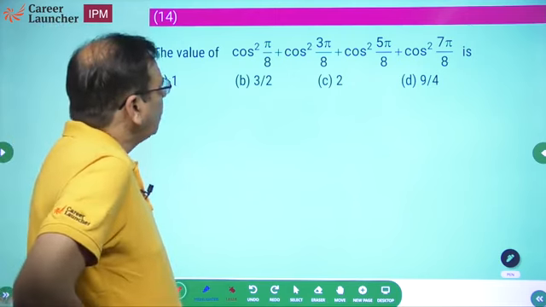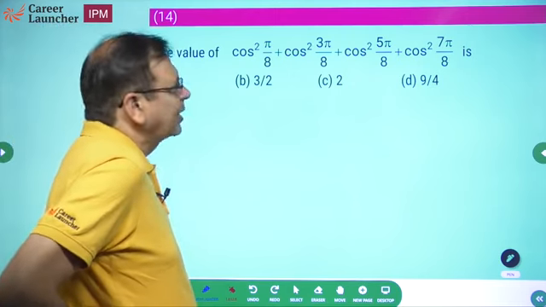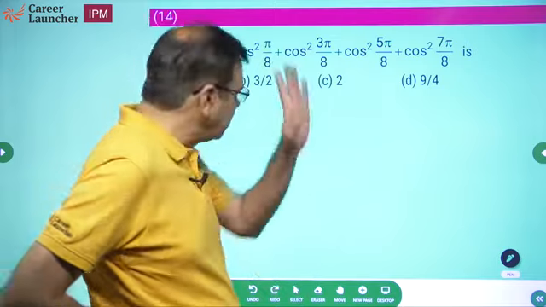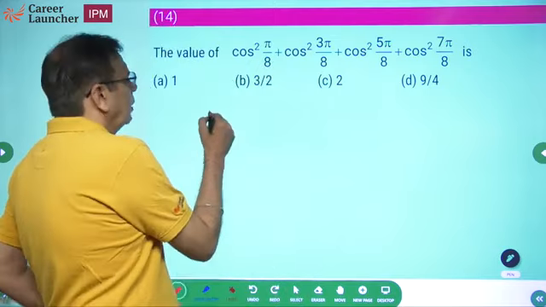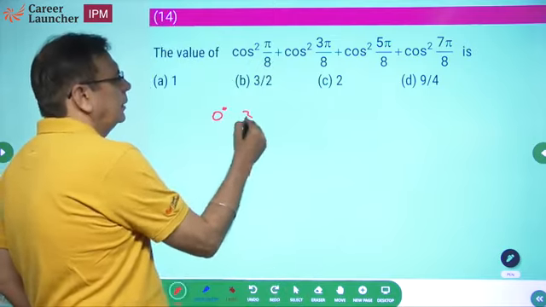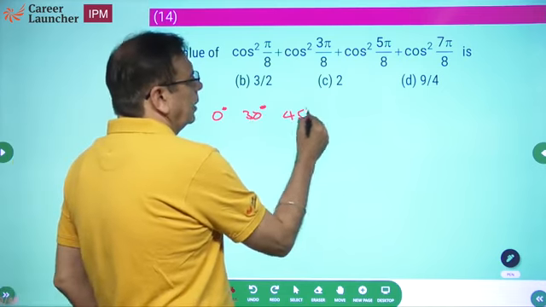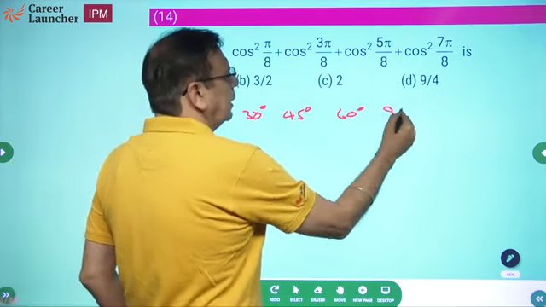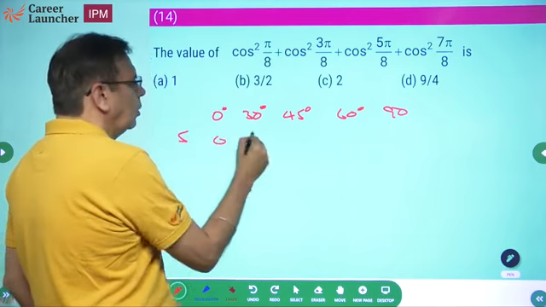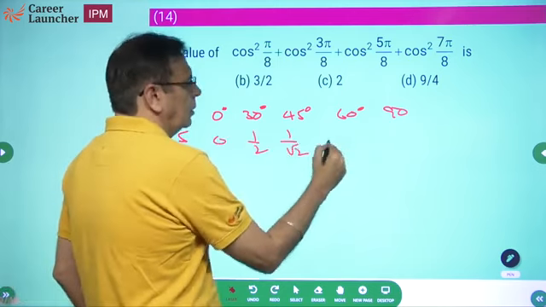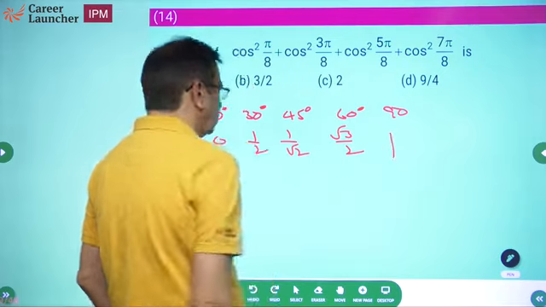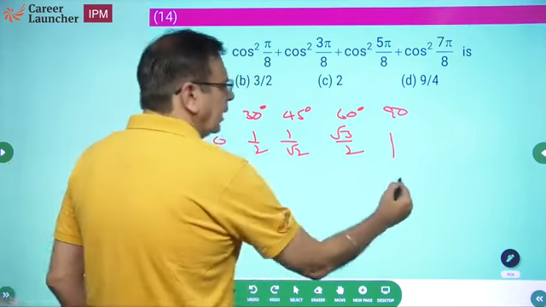The value of cos square pi by 8 plus cos square 3 pi by 8. I understand all this less, but I know one thing. What do I know? If I look at 0 degree, 30 degree, 45 degree, 60 degree, 90 degree: for sine it is 0, half, and so on. For cos, the reverse.